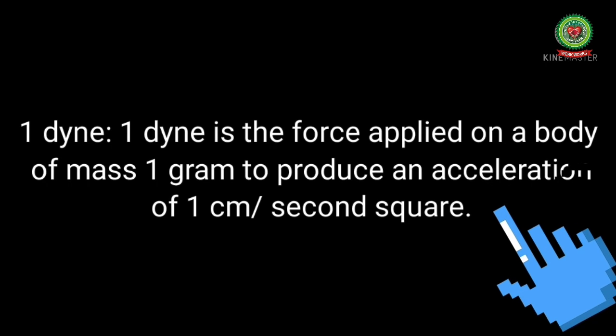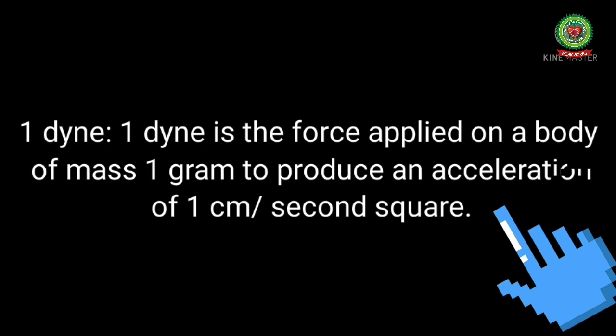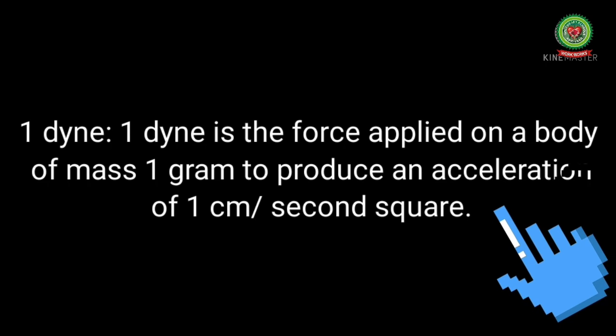The CGS unit of force is dyne. Now children, what is 1 dyne? 1 dyne is the force applied on a body of mass 1 gram to produce an acceleration of 1 centimeter per second square. 1 Newton is equal to 10 to the power 5 dyne.